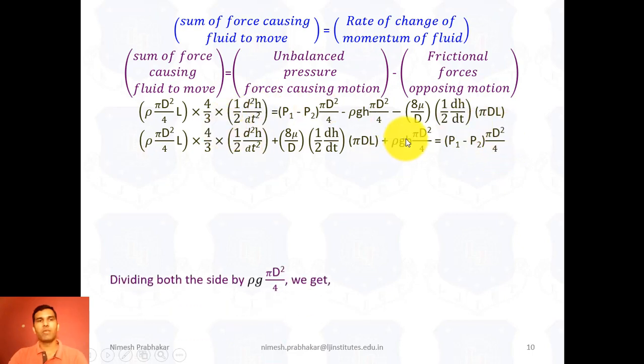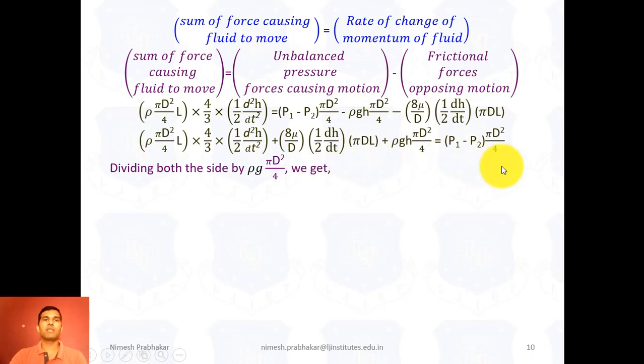Now we divide both sides by rho g into pi d square by 4. So the whole equation we divide by rho g pi d square by 4.